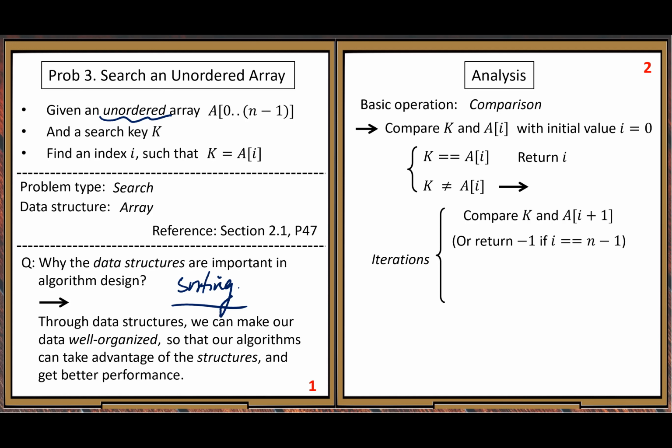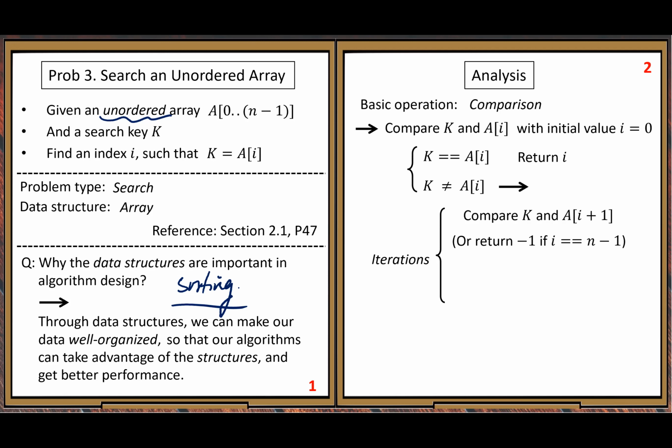Compare k and a of i plus 1 and repeat. But your program has to terminate at the end. After you compare k with all the elements in the array, that means your i moves to the last index n minus 1. After that, you do not have a match. No match, then you return -1.